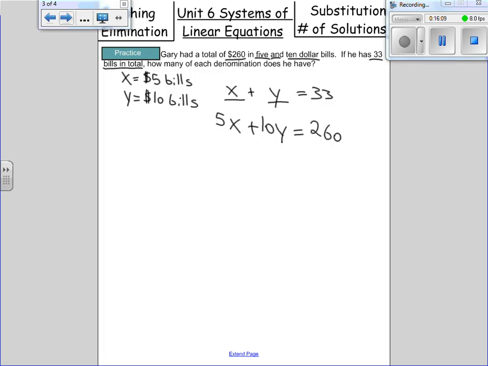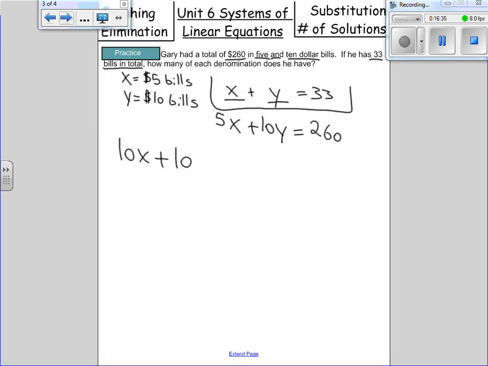What I'm going to do is try to get, let's say, the same number of y's. I'm going to multiply all of this one by 10 so that I have the same number of y's as I do in the other one. So this equation times 10 would be 10x plus 10y is equal to 330.